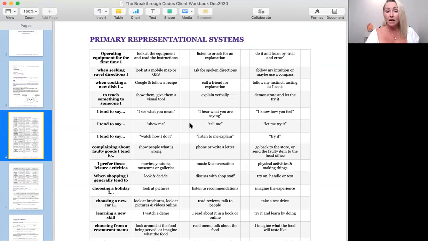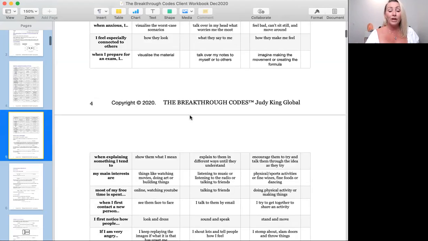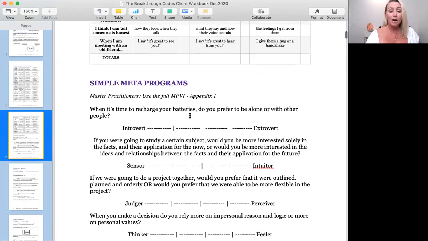You don't need to take your time, just ask them quickly. Which operating equipment for the very first time, which one is mostly you? Look at the equipment and read the instructions, listen to or ask for an explanation, or do it and learn by trial and error. Boom, they'll have the answer. So you're going to go through that really swiftly and let them tell you which one is what they primarily do.